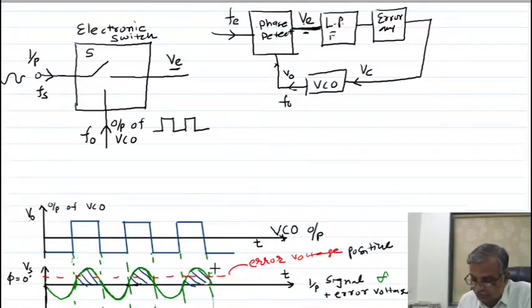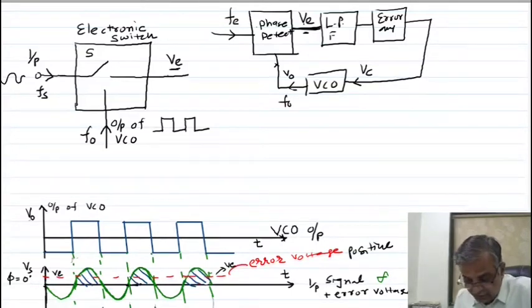So when the phase difference between FS and FO is 0, the error voltage produced at the output of the phase detector is positive.